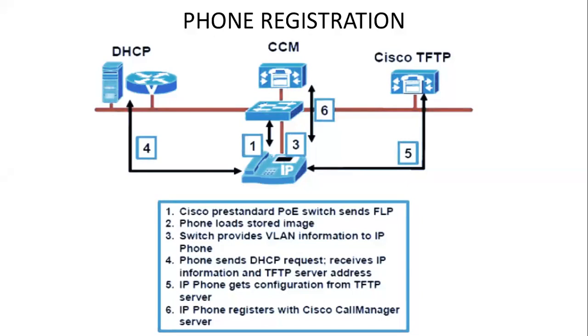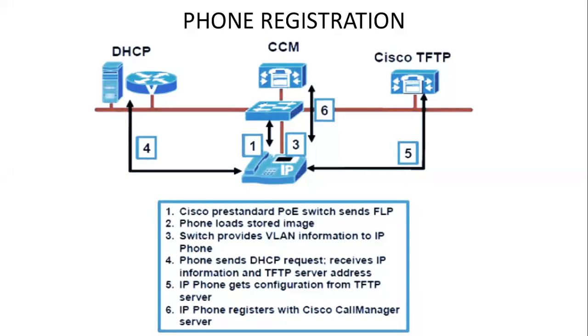The first is the IP phone itself. Then there is a switch where this phone is connected. Then there is Call Manager. Call Manager can have its own TFTP. In some cases, there are proxy TFTPs, so both these scenarios can be covered. And there is a DHCP to provide the IP address to the phone. So this is how the phone boot up process works.